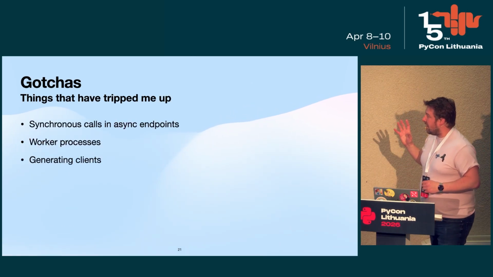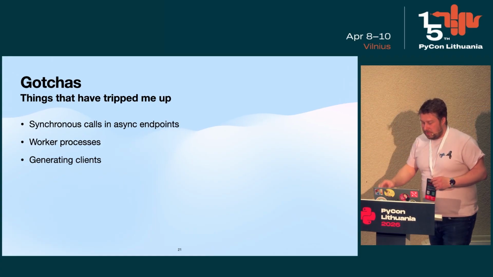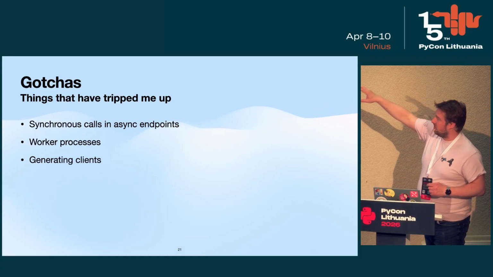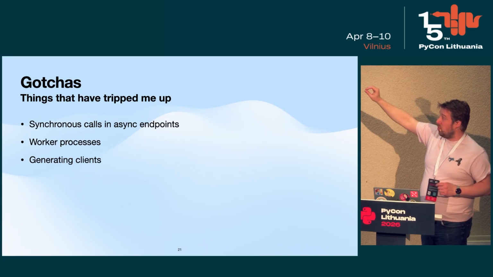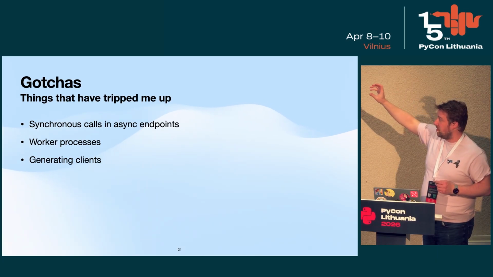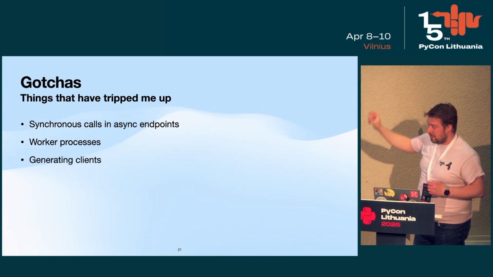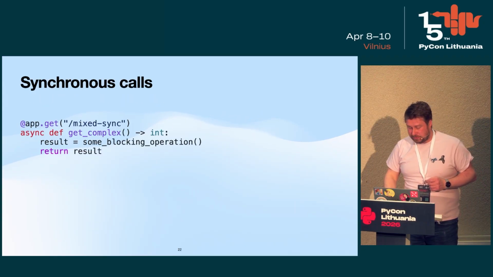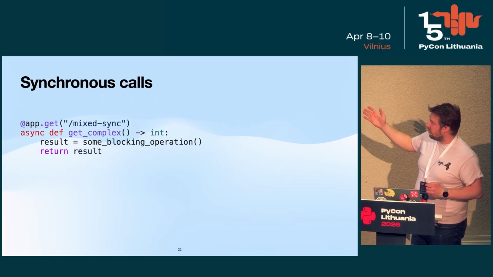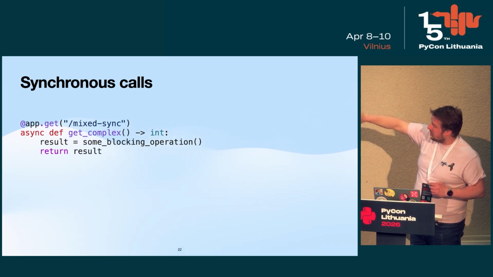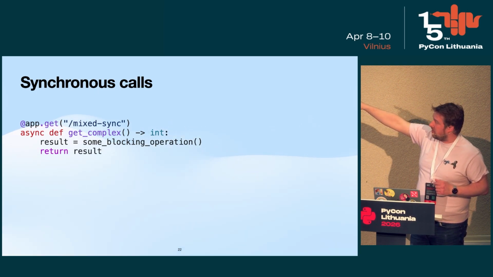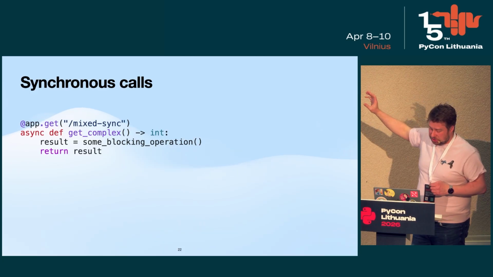So things that haven't been so great, things that have tripped me up. Synchronous calls in some of those async endpoints, running multiple worker processes for it, and generating clients from that API schema. So synchronous calls. We've got this async endpoint, but it's calling something which is doing a blocking operation.